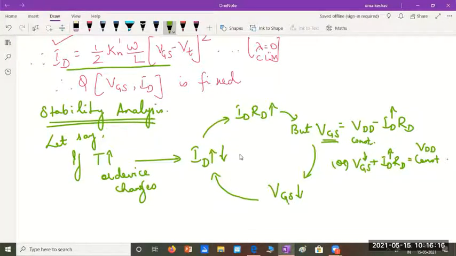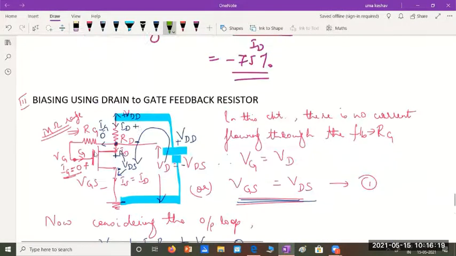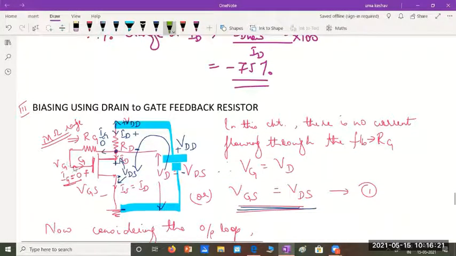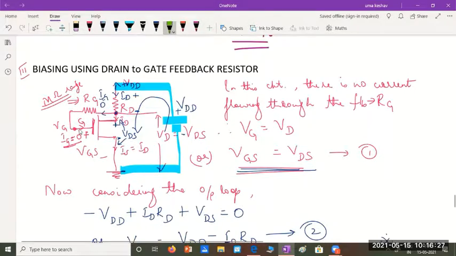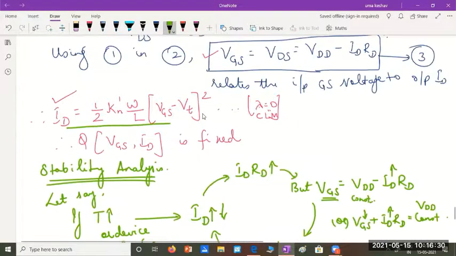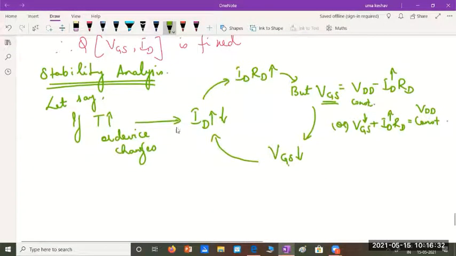action. And this circuit action happens because of giving feedback from drain to gate through this resistor RG, so that the voltage at the drain becomes equal to the voltage at the source, and we'll get this analysis. So what does this indicate?